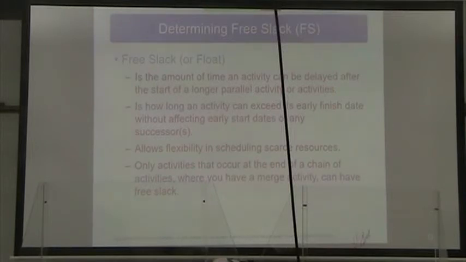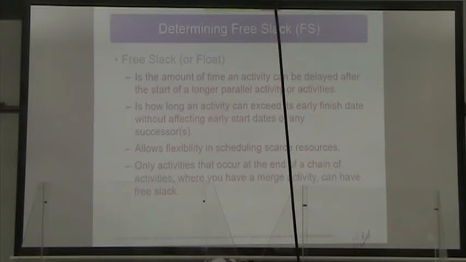So you can't have slack at the very beginning activity, right? It has to start on time and end on time for everything else to work. We also can't have slack in the end activity. It has to start on time and end on time, right?